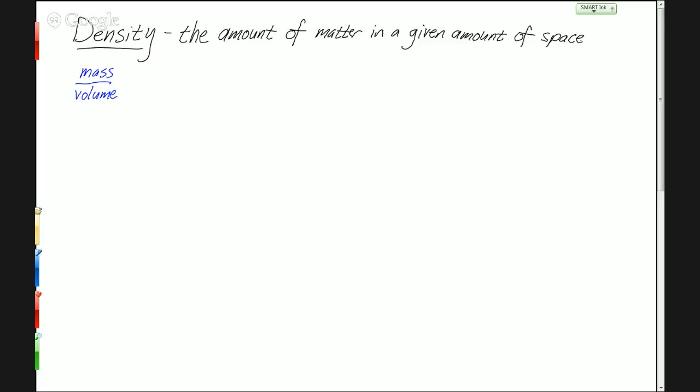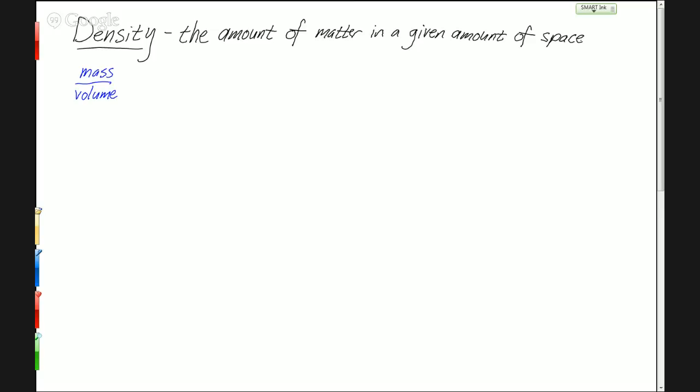So how much space does a certain amount of mass take up, a certain amount of matter? If it takes up a lot of space, then it's very not dense. If it takes up a very small amount of space, then it's very dense. So you can think about it that way.